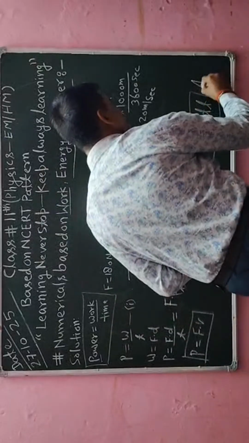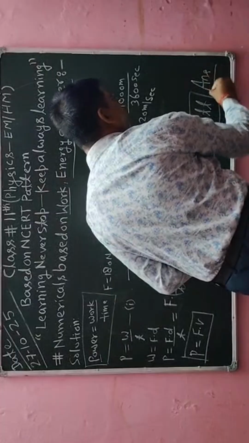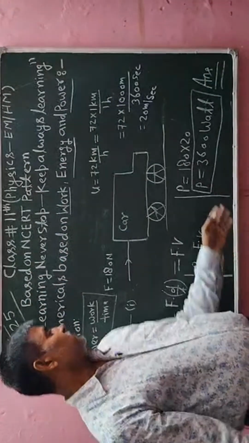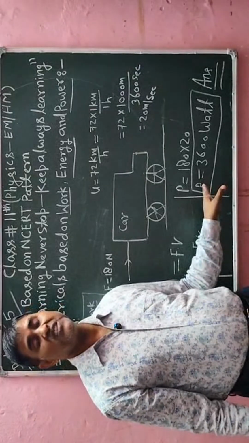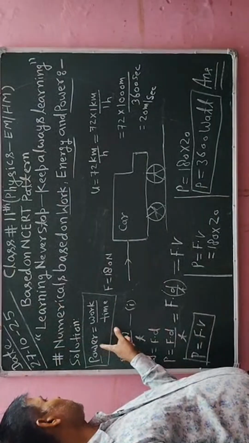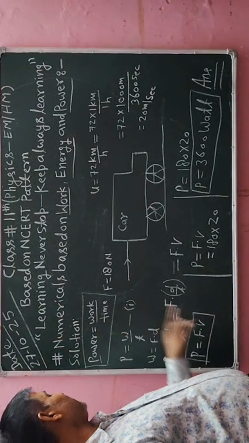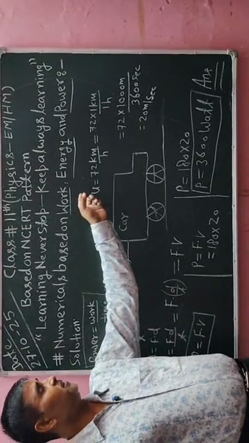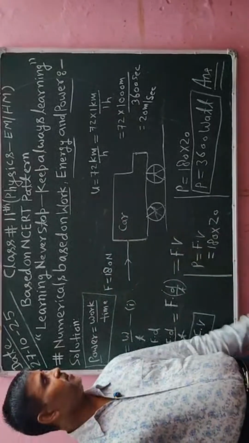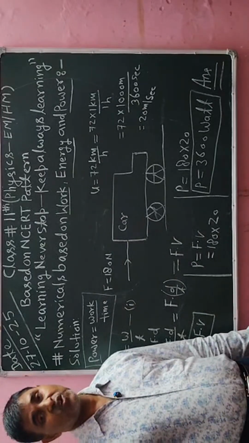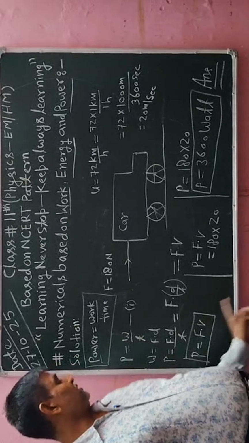Okay students, according to this way I can calculate the power of the engine of the car. We use this formula to evaluate its value. I know power is equal to work divided by time. When I was reading the concept of work, if any object is moving horizontally, work is equal to force into displacement.